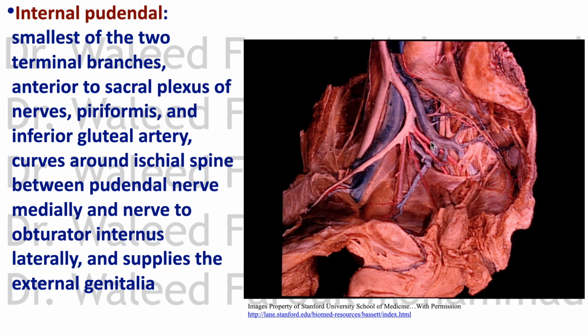It curves around the ischial spine, the pudendal nerve being at the apex of the spine medially, and the nerve to obturator internus at the base of the spine laterally. This crosses or curves around the spine in between these two structures. It supplies the external genitalia.